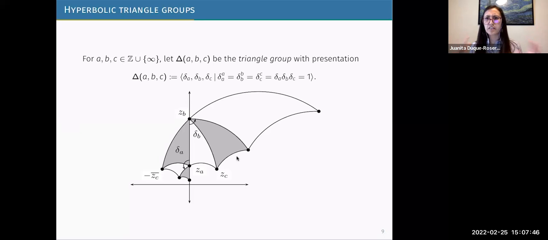So the picture that you should have in mind with this presentation is you choose a triangle. The triangle can live in the hyperbolic space, just as I have here. Let's say that this is our triangle, this pink triangle that we have here. It's hyperbolic, and that's why we have curvy lines.